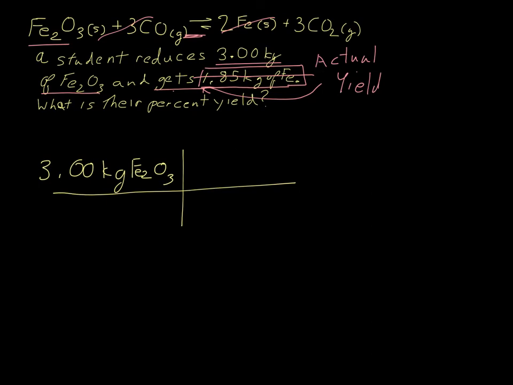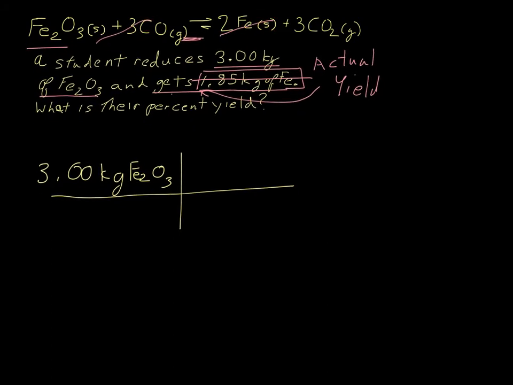Alright, so I've got kilograms of iron(III) oxide. The first thing I'm going to do is get rid of those kilograms. I'm going to say 1 kilogram is 1,000 grams. So now I've gotten rid of kilograms and I have units of grams of iron(III) oxide.